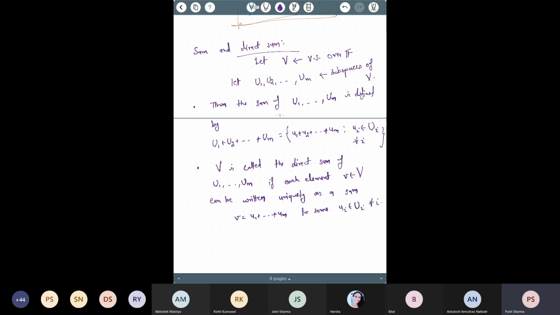Okay, so this uniqueness is important here. This makes the direct sum different than the sum. And to denote the direct sum, we use the following notation.